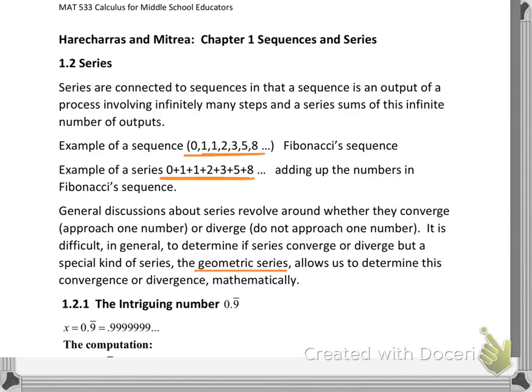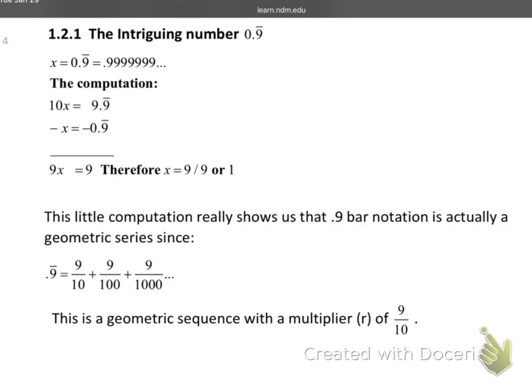Okay, on the next page we're going to talk about this intriguing number, 0.9 bar notation, and what it actually means. Alright, so you're familiar, I'm sure, with bar notation: the bar over the number that repeats in a decimal number. Things that you want to notice: this number, or really any bar notation number, is really a summation.